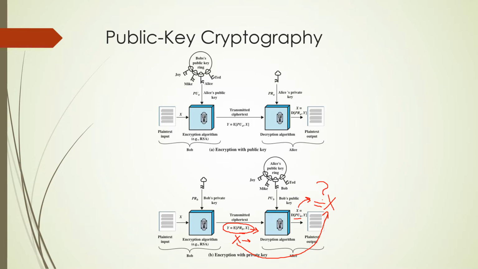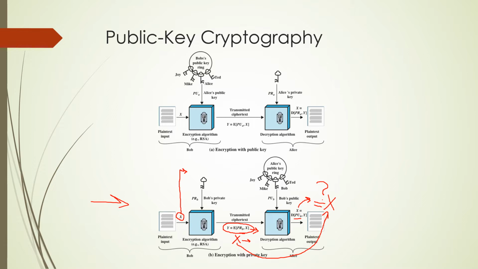Now, another small detail that you need to know in this part B for digital signatures is that when the sender of the message, Bob, wants to sign a message like X, normally he doesn't sign the original message, because the original message can be very long, and applying the encryption algorithm like RSA on a very long message would be time consuming.